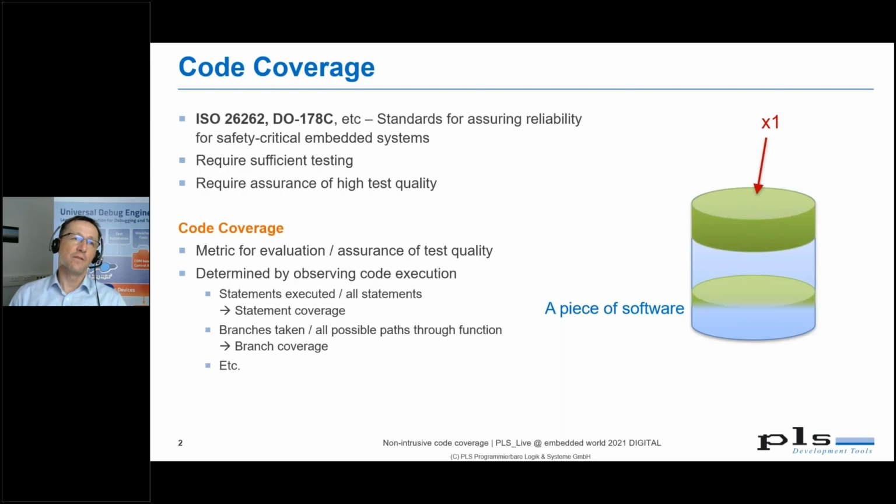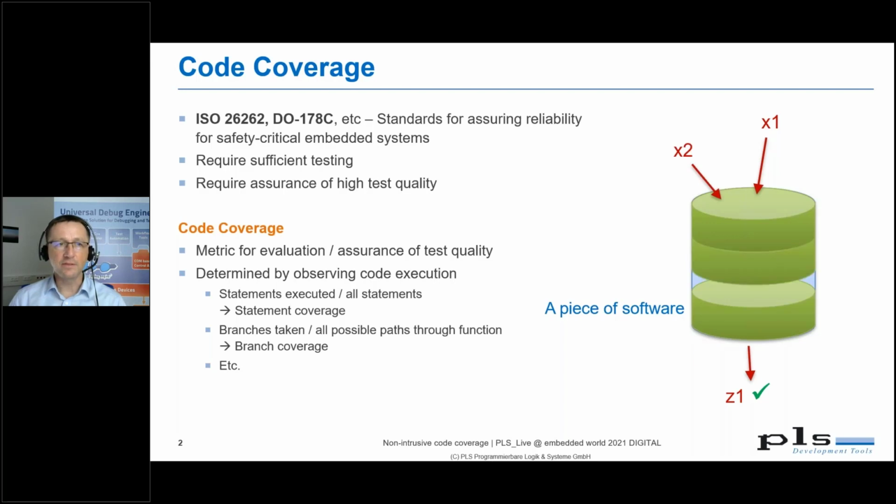If you feed in, for example, one test case, then only a certain piece of code is executed. You need another test case to execute another part of your code. And finally, in this specific case, you need also a third test case to execute finally all the code that should be tested.